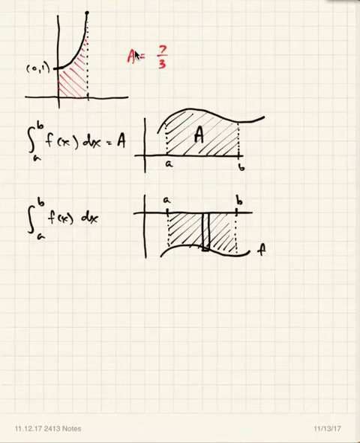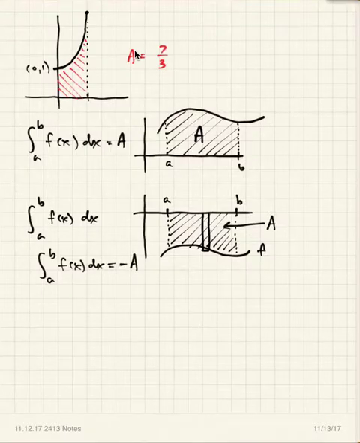So if you're talking about the area of this region right here, the integral from a to b of f of x dx gives you the wrong sign. It gives you the opposite of the area of that region. Or what you might say, and this is frequently the case, is that the area is the opposite of this integral.